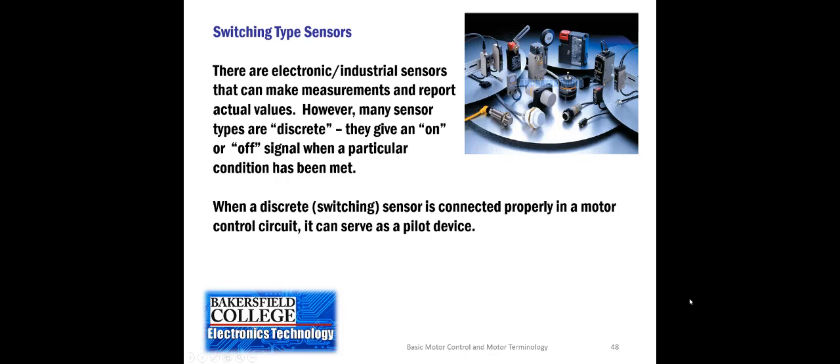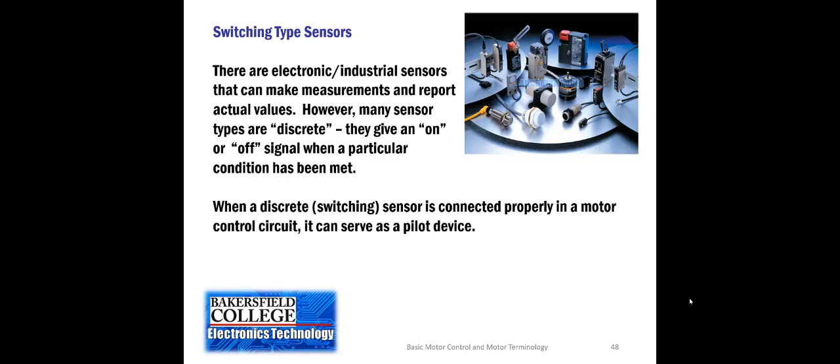So far, we've talked about switches that are operated by a person, an operator, let's say, for a piece of equipment, or switches that have come in contact with a part of a machine or a piece of equipment. In this section, we're going to talk about other types of sensors that are automatic, that are used as pilot devices or sensing devices for a particular condition.